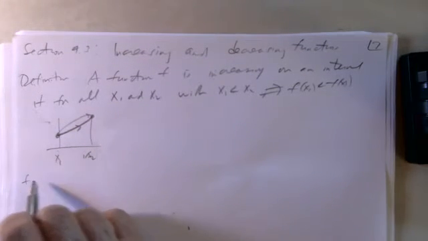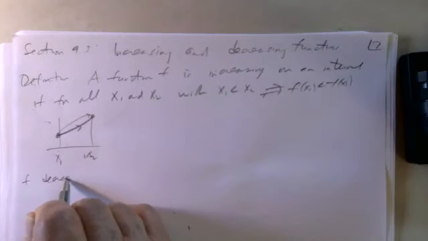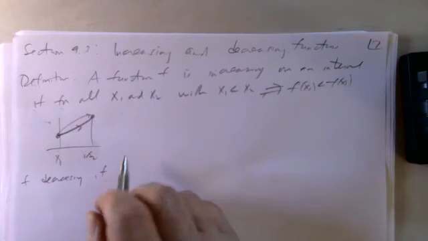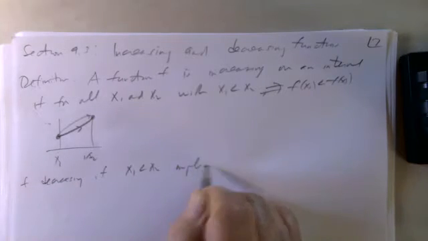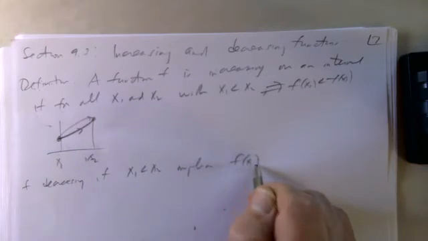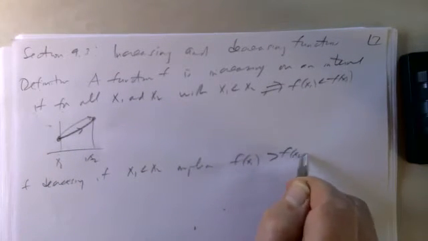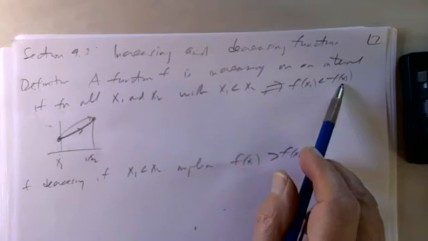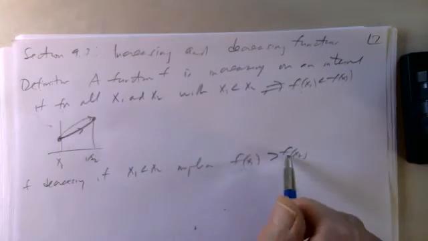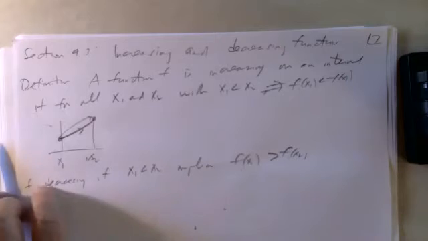And everything being the same, f is decreasing if whenever x1 is less than x2, that implies that f of x1 is bigger than f of x2. Here, as you move from x1 to x2, the function gets bigger. Here, as you move from x1 to x2, the function gets smaller.